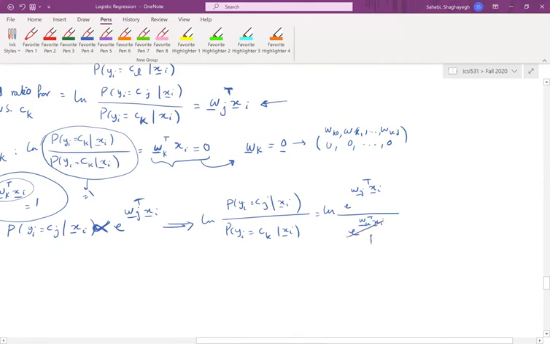This we know that is 1, okay? So that is going to be wj transpose xi, right?